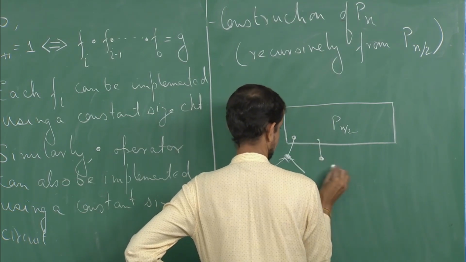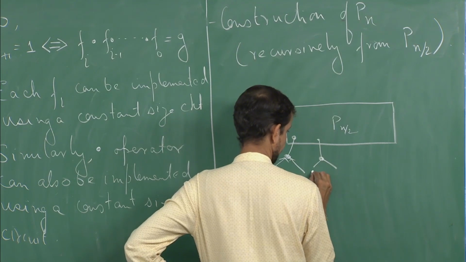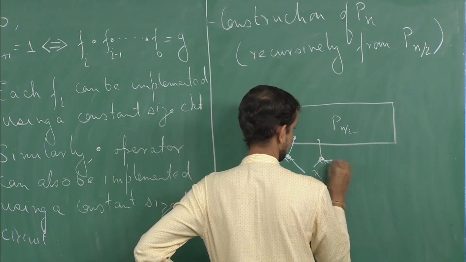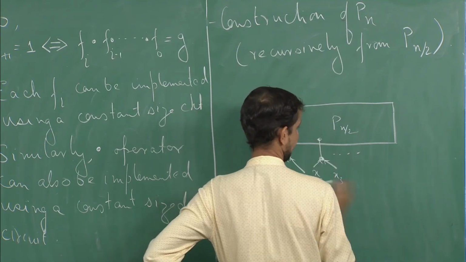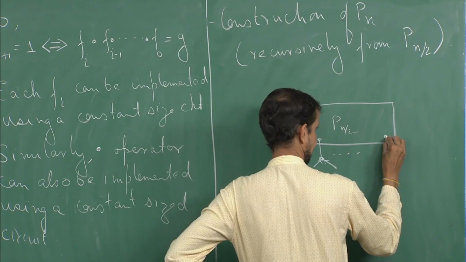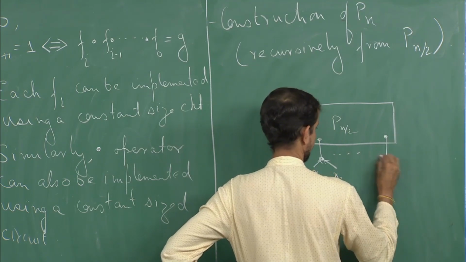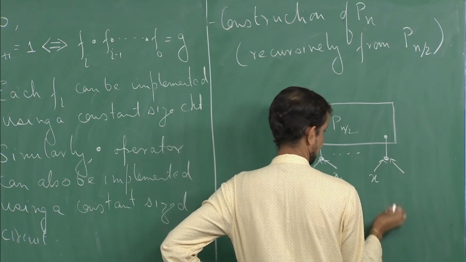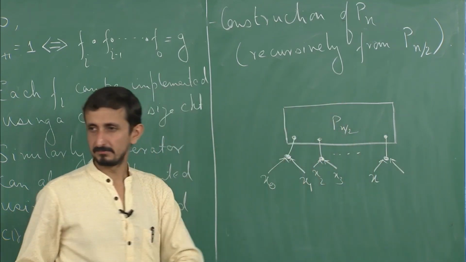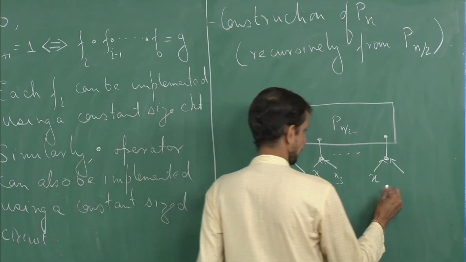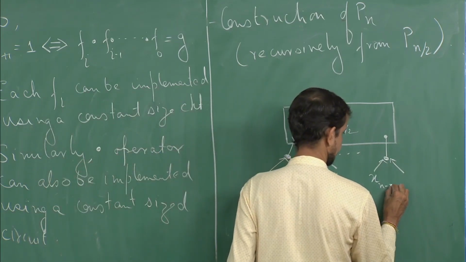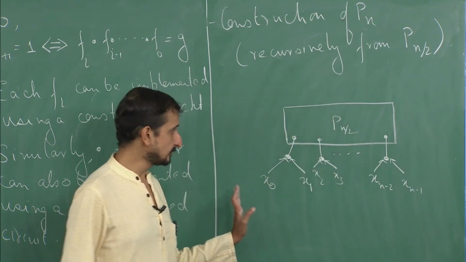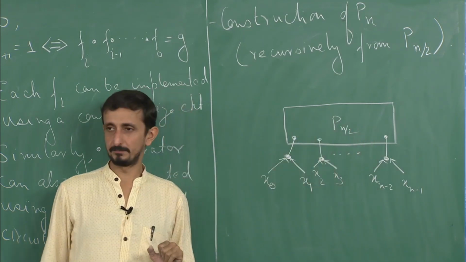Then I will have a circuit for x2, x3, which goes over here as input, and finally I will have an input which takes x n minus 2, x n minus 1, and assume here that n is even, divisible by 2. So, these are the inputs that are going into P of n by 2.